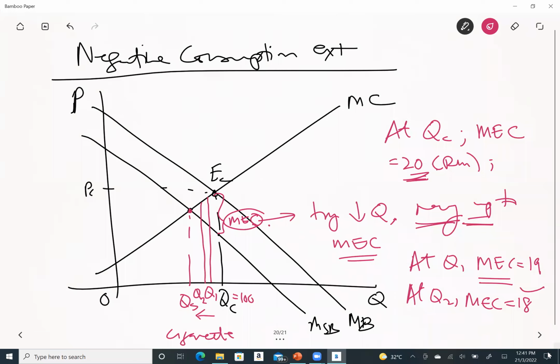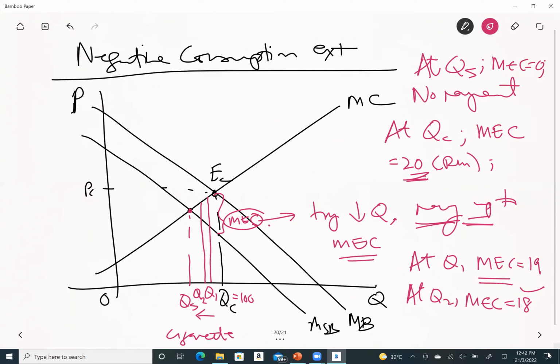So when you reach QS, MEC is zero. So you are not going to pay anymore. You stop payment. That is the highest reduction of Q. So that's how it works.